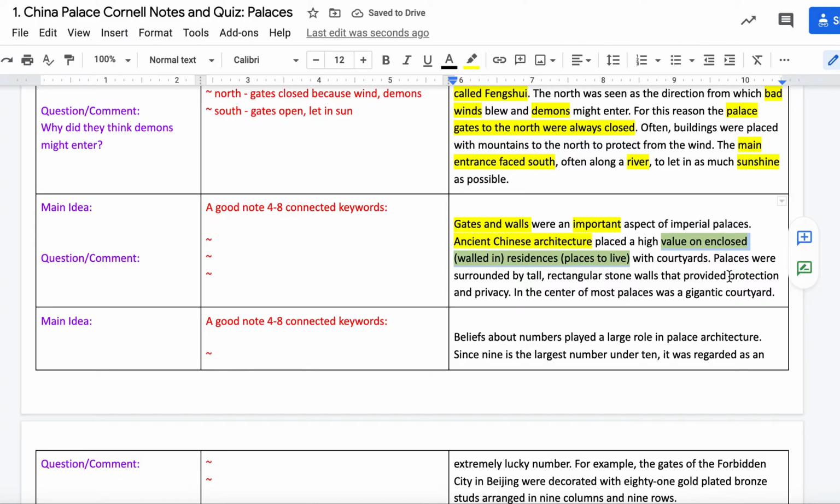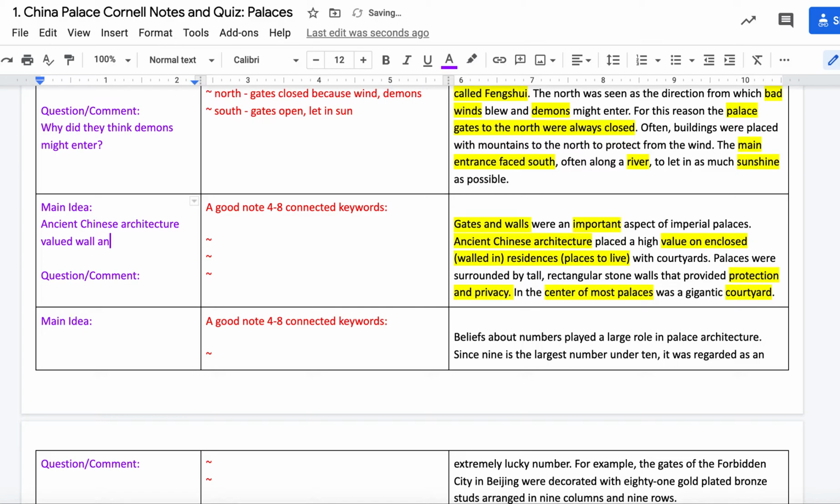And that was because they wanted protection and privacy. And in the center of most palaces was that courtyard. Okay?